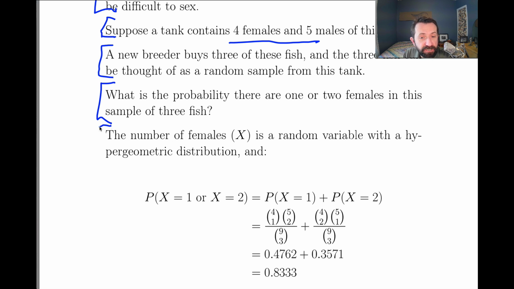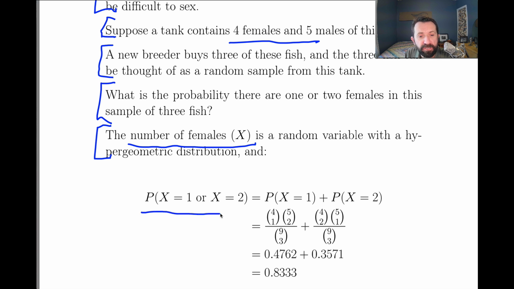So the number of females is going to be a random variable with a hypergeometric distribution. We've got the same situation as red balls and blue balls, except now we've got electric yellow cichlids that are either male or female. The number of females would be like the red balls that we were picking before, and that's what we're interested in.